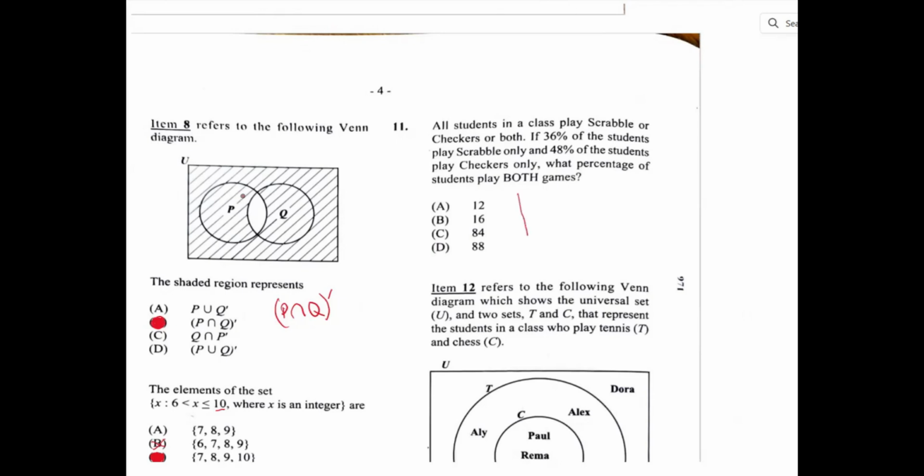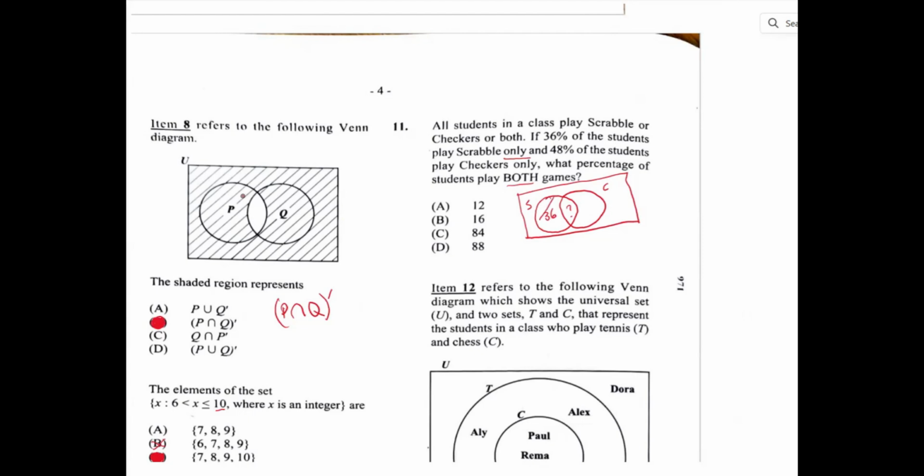Okay, so we have a Venn diagram here. And let me just take this opportunity to remind you that there is an intersection, because they say it's either Scrabble or checkers or both, which means the whole class represents 100%. We don't know the center. We know, however, that if here's Scrabble and here's checkers, the 36% that play Scrabble only is here.